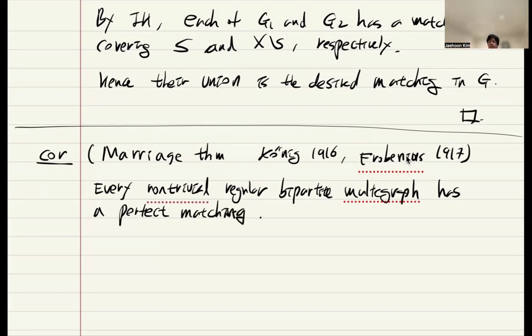So if you have a bipartite graph, it doesn't have to be a simple graph, it could be a multigraph. Of course, a bipartite graph doesn't have a loop. It could only have multiple edges. And it is non-trivial, meaning that it has at least one vertex on both sides, and at least one edge between. And then if it is regular, meaning that every vertex has the same degree, then it has a perfect matching.